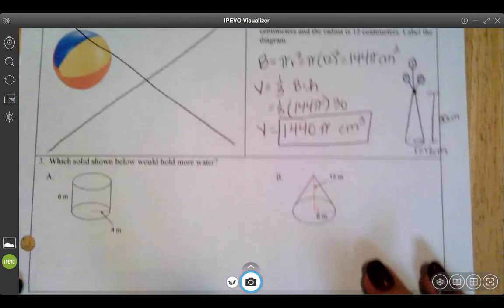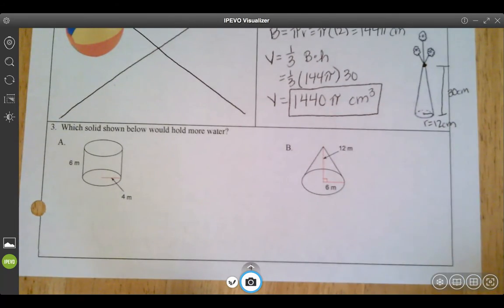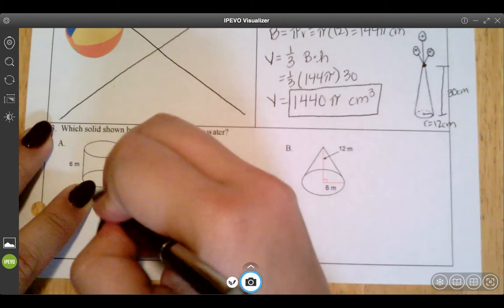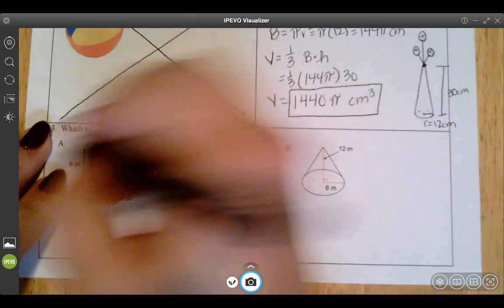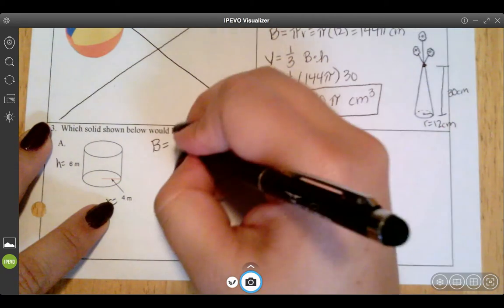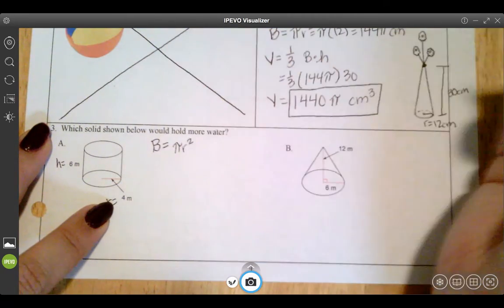Okay, and finally our last question here, which one would hold more water? I'd like you to try this one on your own, and then we'll go through it together. So part A, here we have a cylinder with a radius of 4 and a height of 6. So we need to find the area of the base. Our base is a circle, that's pi r squared.